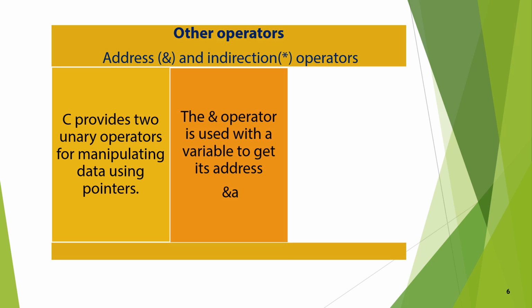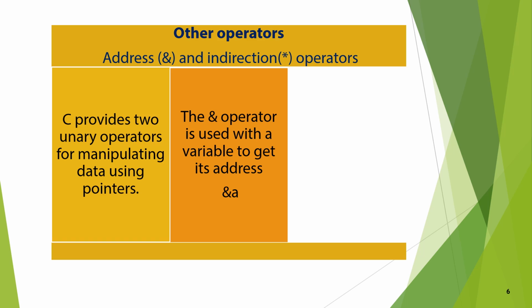When we say address operator or ampersand, it is used to retrieve or get the address of a variable. Address means the memory location where the variable is stored.